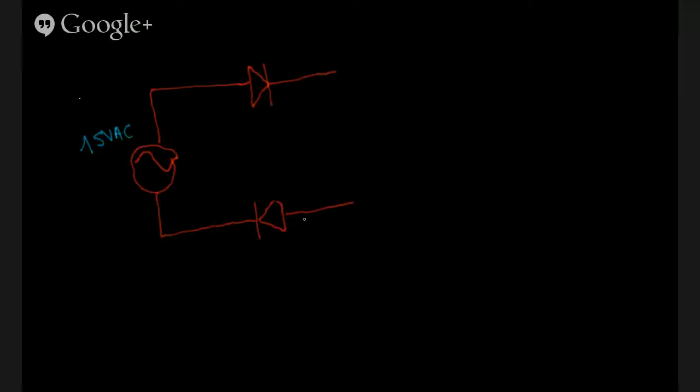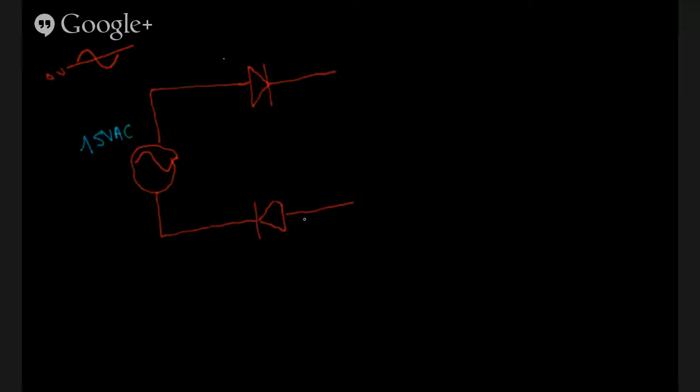Let's see what we get in. So we know we get a sine wave like this with our reference going through 0 volts. But if you put some diodes here, come on, work pad. There we go.